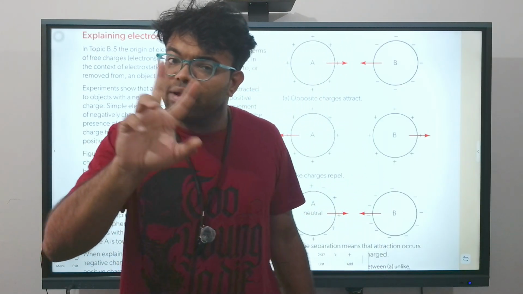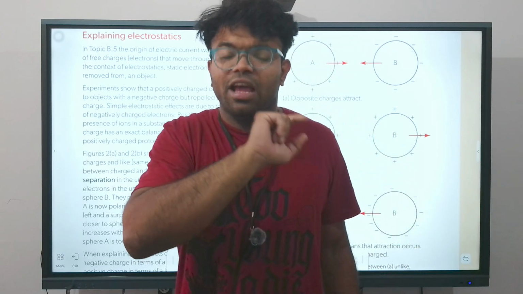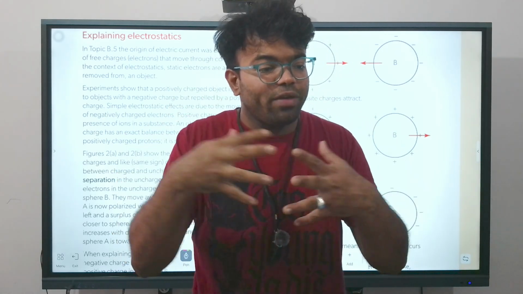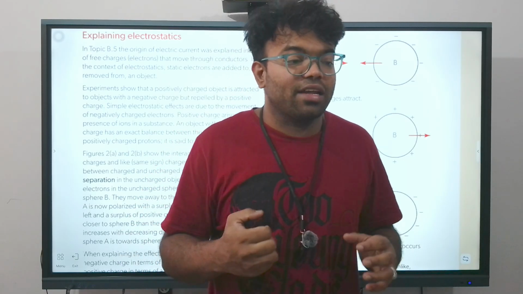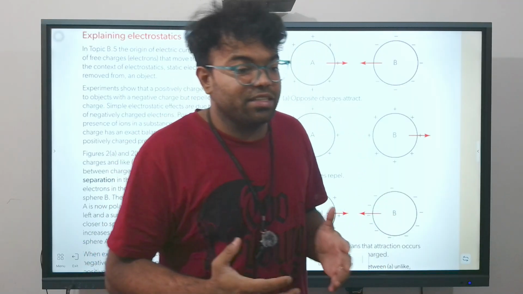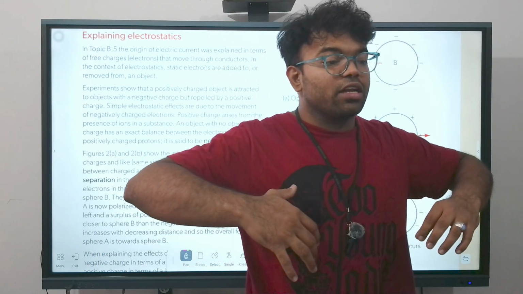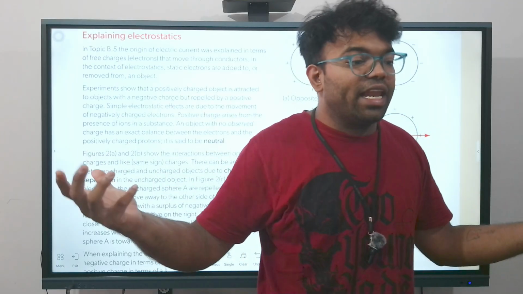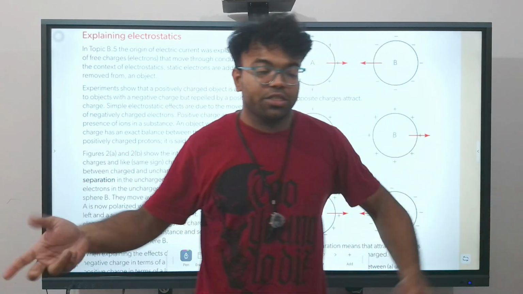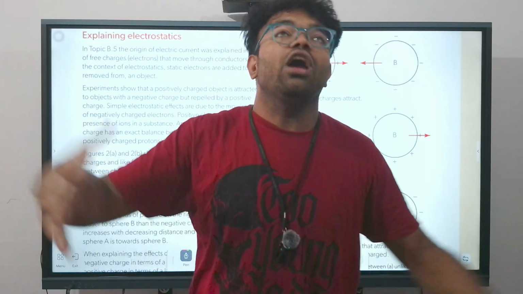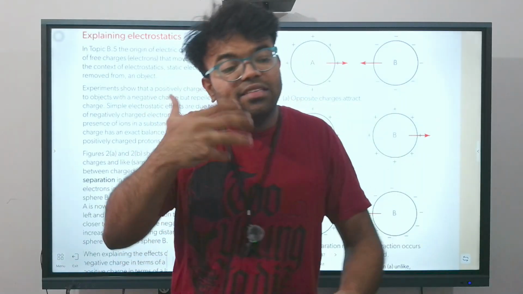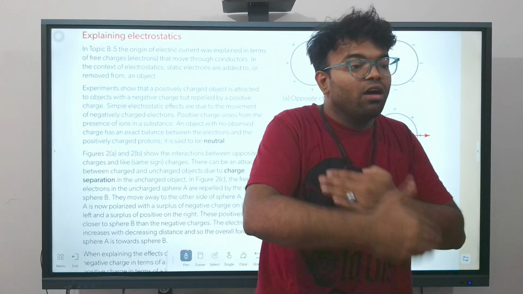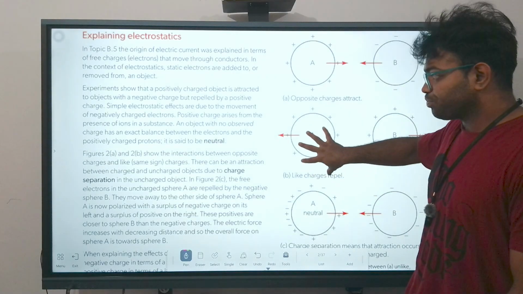For example, a positive and a positive will always repel each other, and a positive and a negative will always attract each other. We are going to learn more about how in this class, because a positive charge will always emit the electric field in the outward direction, whereas a negative charge will attract all the field lines towards it.